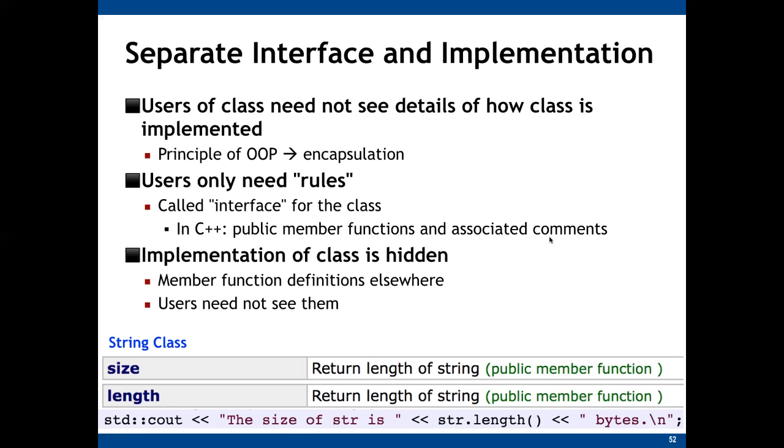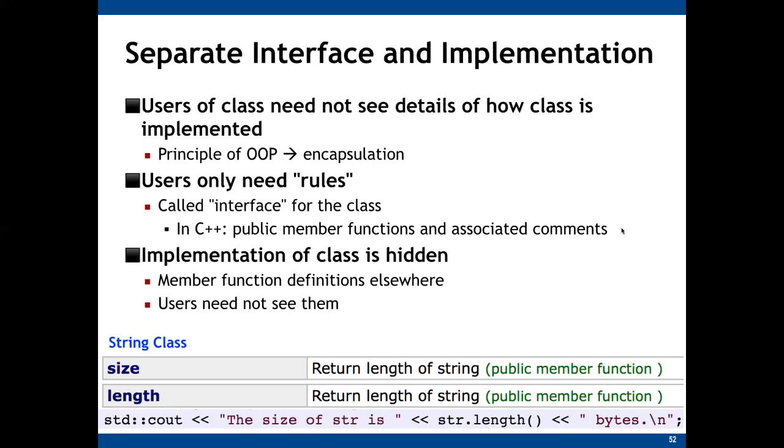So you should clearly separate the interface and detailed implementations, because it makes a more reliable and maintainable program. And more importantly, programmers don't actually care about the detailed implementations.